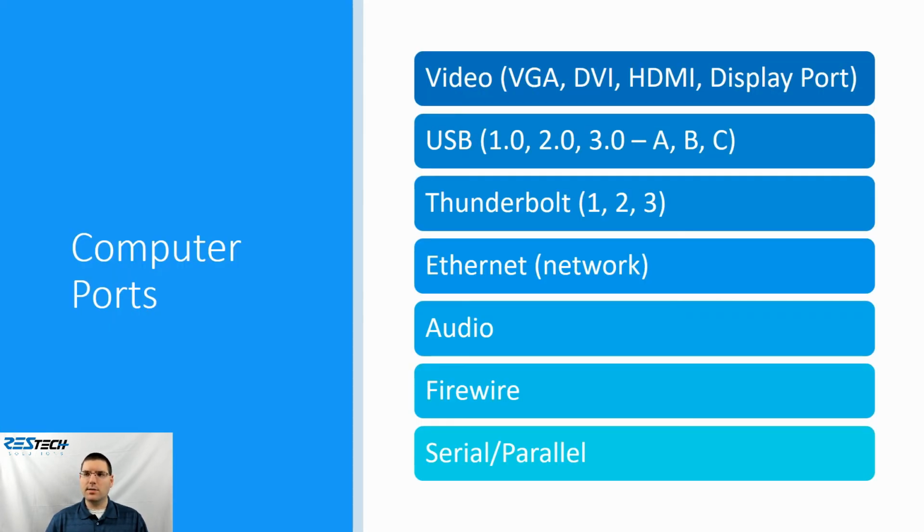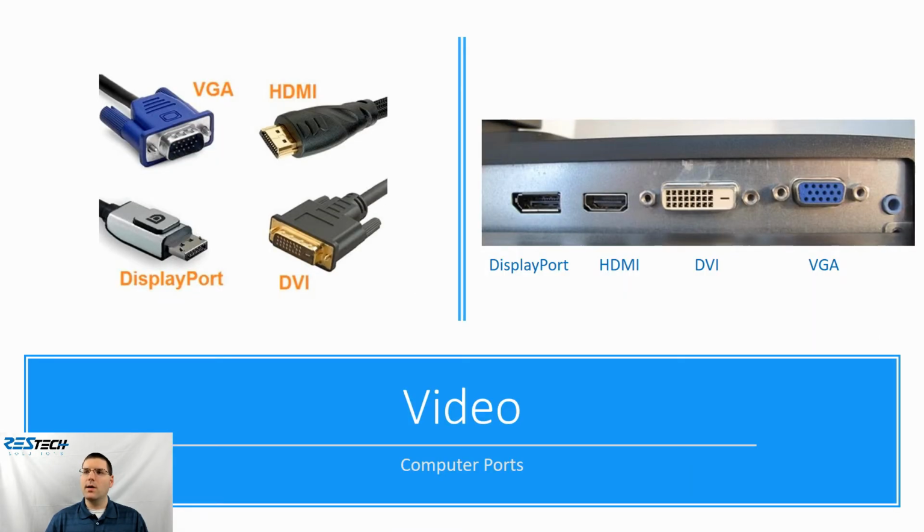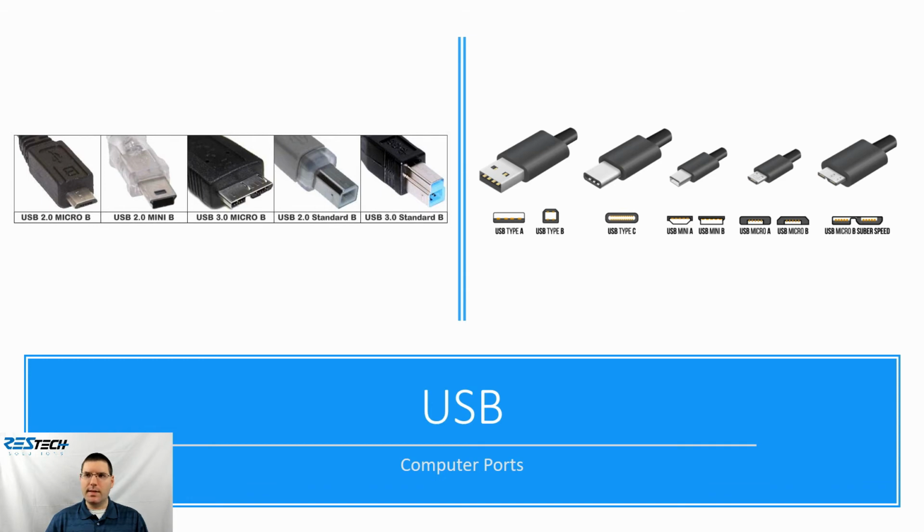And real quickly, I'm just going to cover some common computer ports that you might encounter. So you have your video ports, your VGA, DVI, HDMI, and DisplayPort. You have your USB. There are obviously different types of USB, from the various standards from 1.0 all the way to the current, which is 3.0, and then different types like USB A, B, or C, micro, mini.